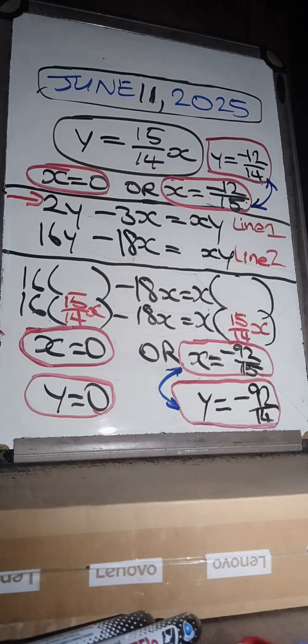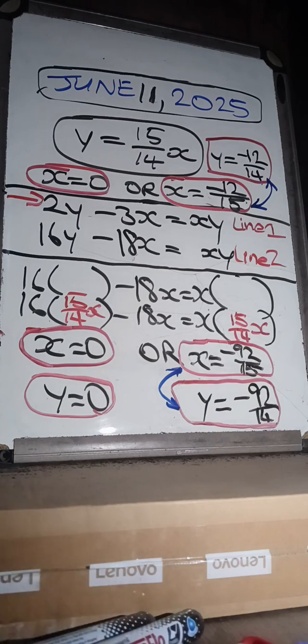Really? Okay, I never considered that. When you multiply minus 12 by minus 12, you get 144, divided by 14 times 15. Oh, 140 plus 70 is 210.